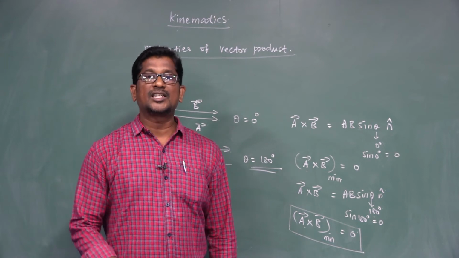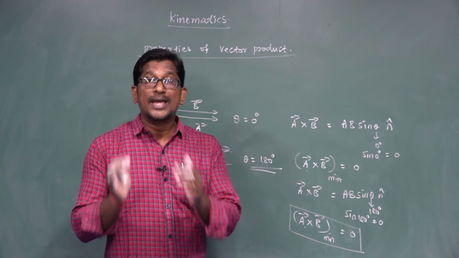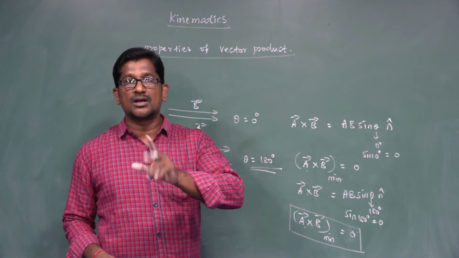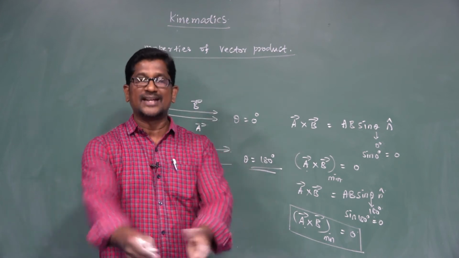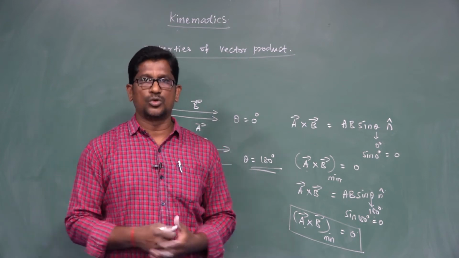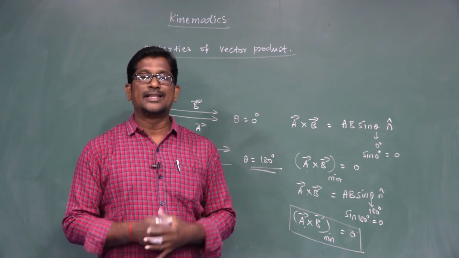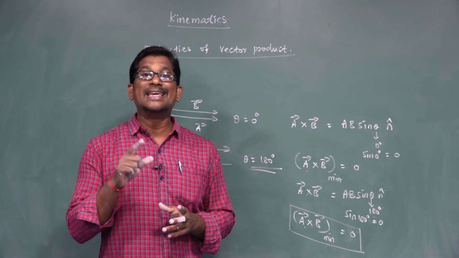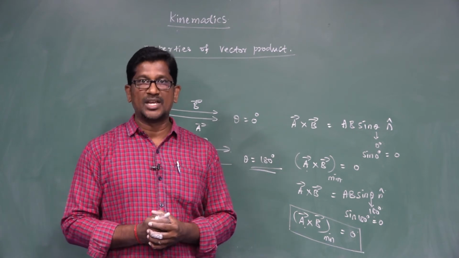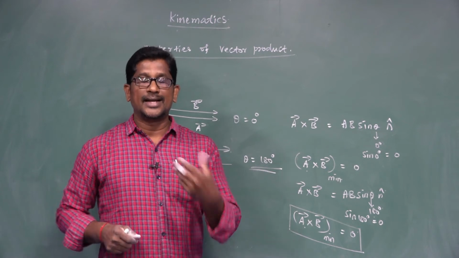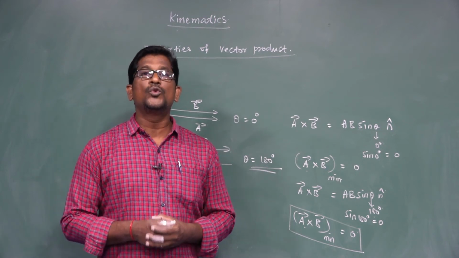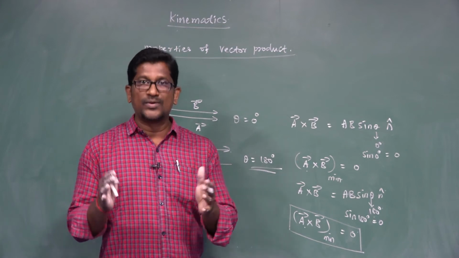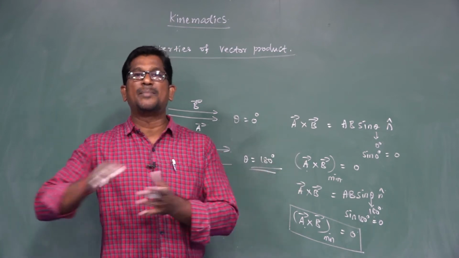Third one, the vector product of two vectors will have a maximum magnitude if the angle between the two vectors is 90 degree, or they are mutually orthogonal. The maximum value of the vector product of two vectors is given by AB into n cap, right? And next, the vector product of two vectors will have a minimum value, that is 0, if the two vectors are parallel to each other or anti-parallel to each other.